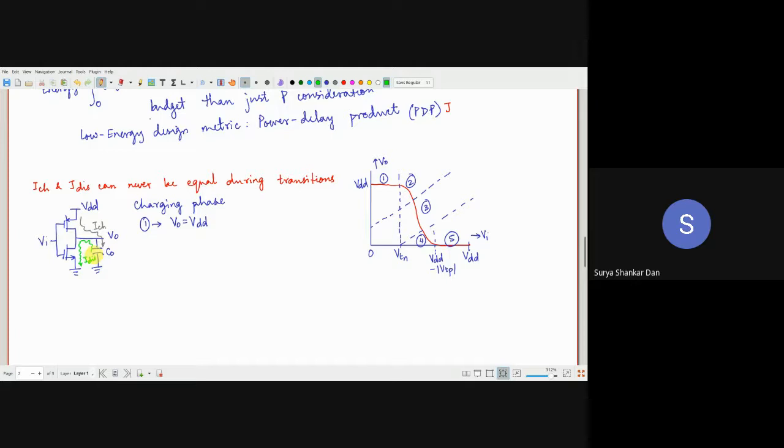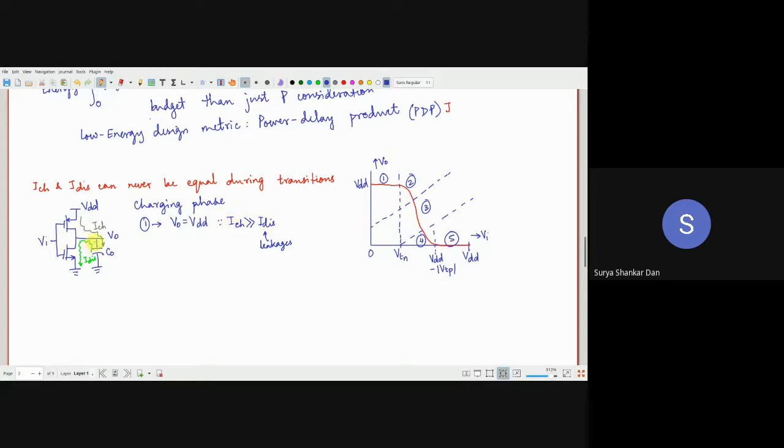Since I charge is much larger than I discharge in phase 1, why? Because I discharge is only because of leakages, right? Only in the order of nanoamperes or so, whereas the charging current will be in the order of microamperes.